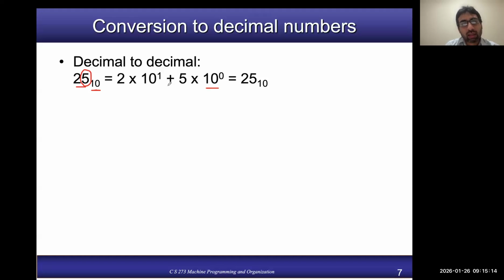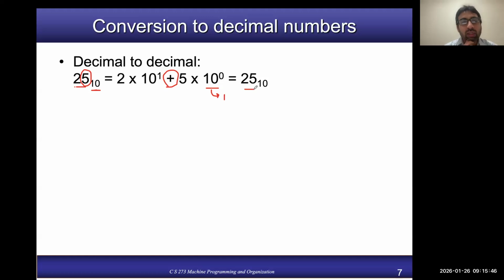Then you multiply the next digit, moving from right to left, with the increasing power of 10. So you multiply 2 with 10 raised to power 1, and then you get the sum of products: 2 times 10 plus 5 times 10 raised to power 0. We know 10 raised to power 0 is 1, so you get 20 plus 5, which is 25.